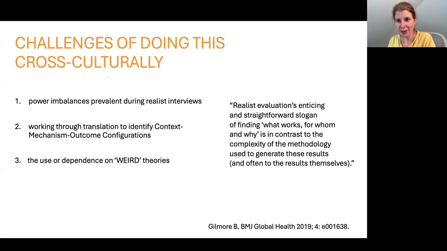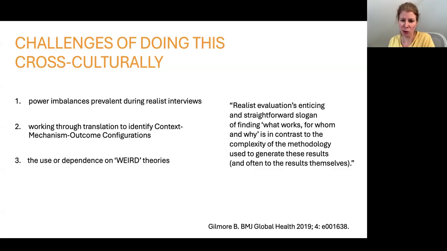So who gets to decide which mechanism is the most important or which contextual condition is the most important? How do power imbalances within the research team, our ability or inability to communicate with one another, influence that? Translation is another barrier that can get in our way of really identifying good context mechanism outcome configurations.